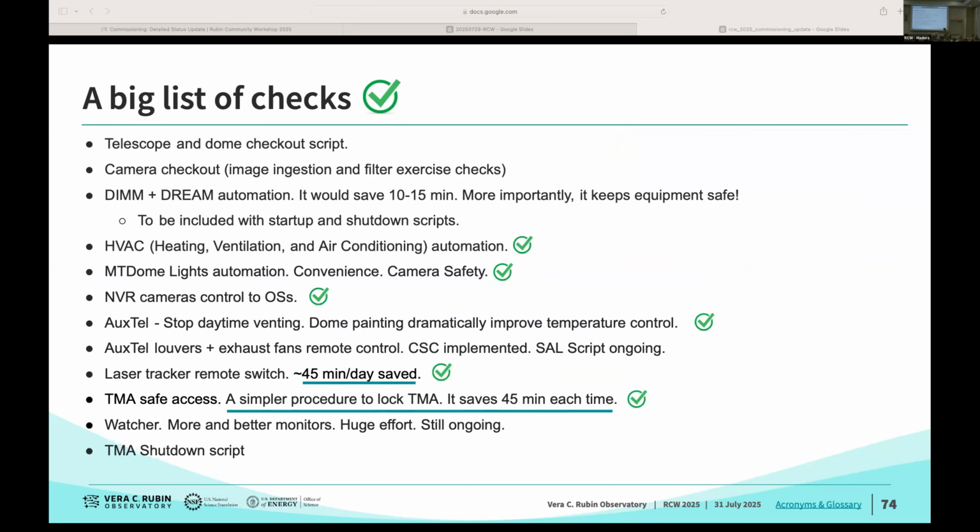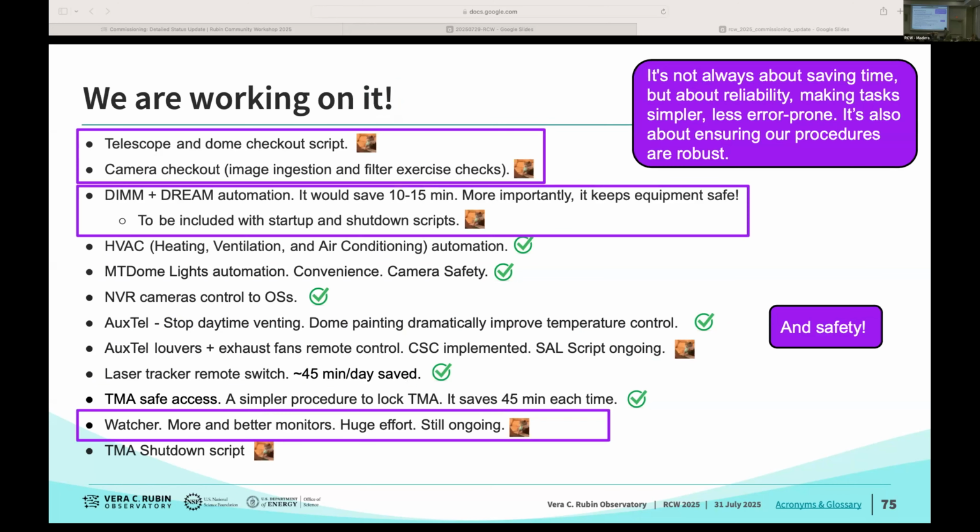Well, there are others that we haven't checked yet. So we can see there are more with checks, others we don't. I'm just pointing out some of the automations that we are working on right now. The first one is telescope and dome checkout. Then the camera checkout, where every day we will take an image, or a couple of images.